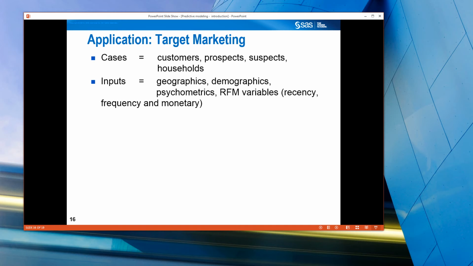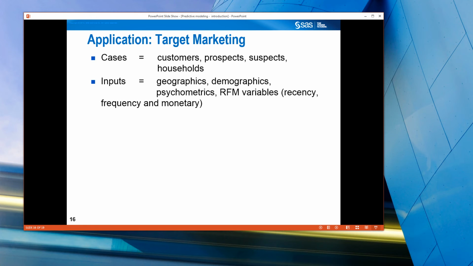These are all things relating to demographics. Psychometrics relate to the customer's attitude towards life, aptitude on a particular topic, opinions, lifestyle, and preferences.